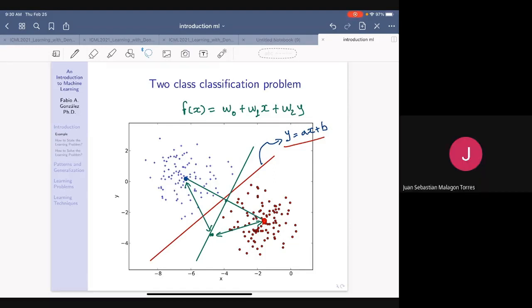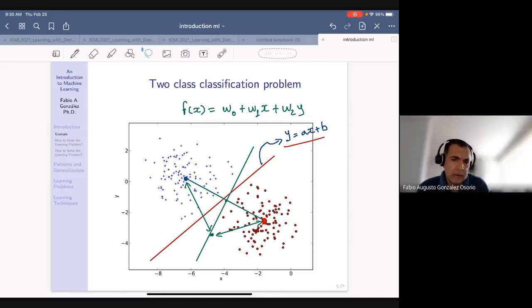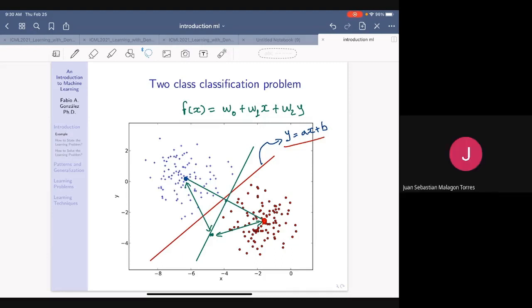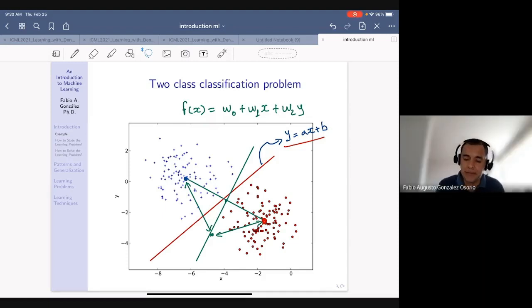It's only taking into account the centroid of all the classes, no? That's right, Juan Sebastián. So you will find cases where the centroid doesn't work well. It will produce strange results, because it's not taking into account all the points, just the centroids.